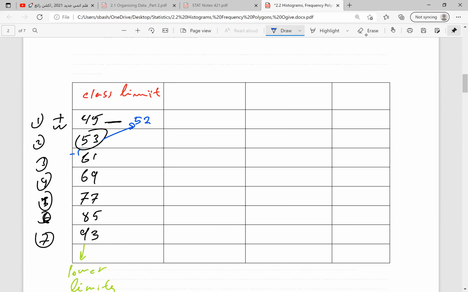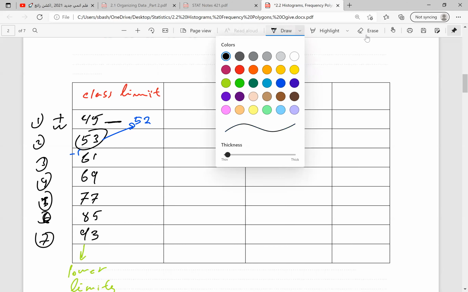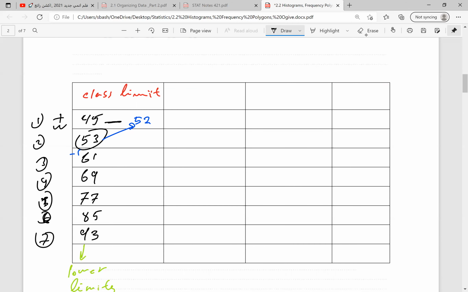So this is the upper limit for the first class, it is 52. Take the lower limit for the second class and subtract 1. I will have 52. Now add the class width for this one.